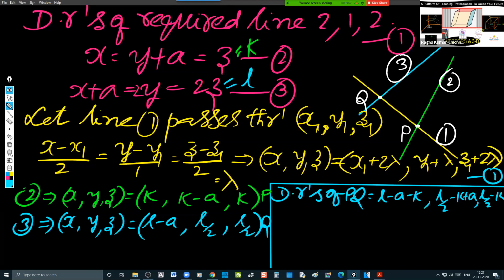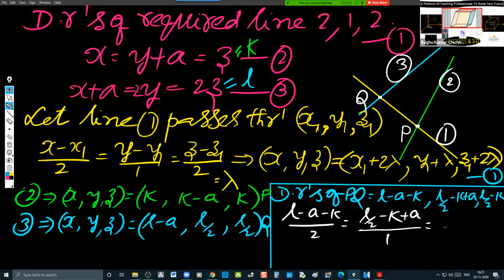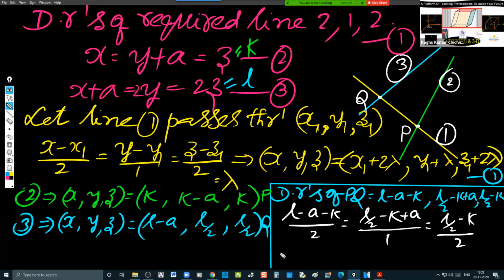So let us make them proportional. How do we make it proportional? L minus A minus K divided by 2 is equal to L by 2 minus K plus A divided by 1, is equal to L by 2 minus K divided by 2. Can you solve these two, please?